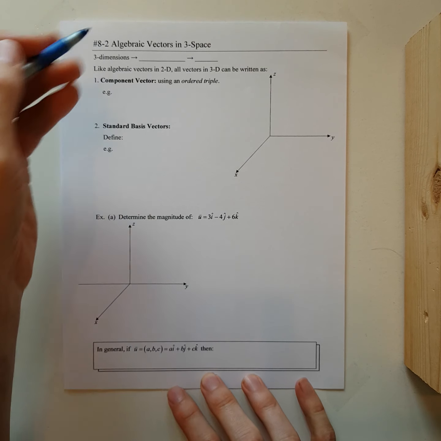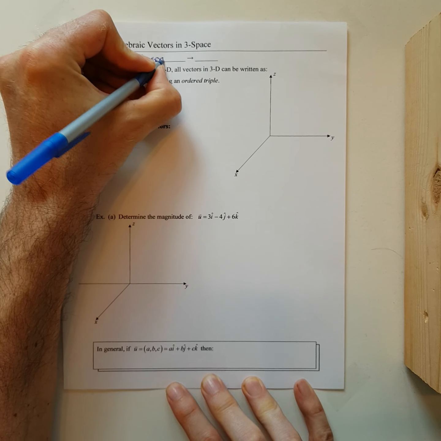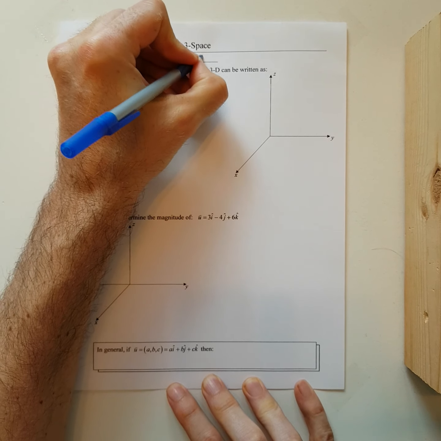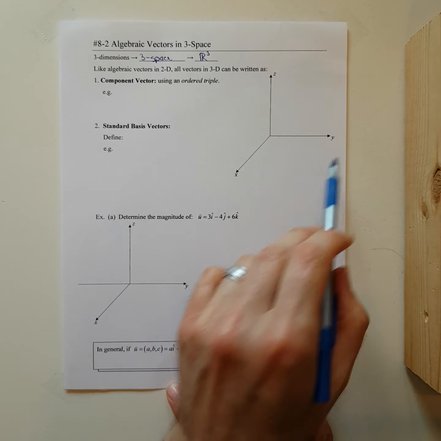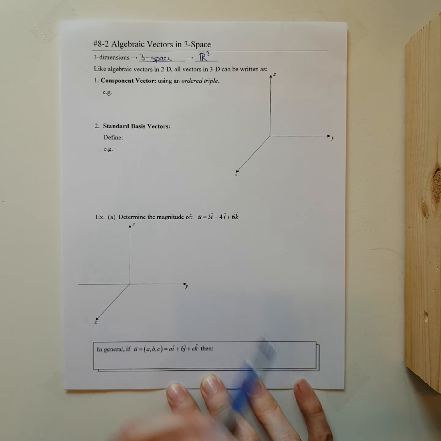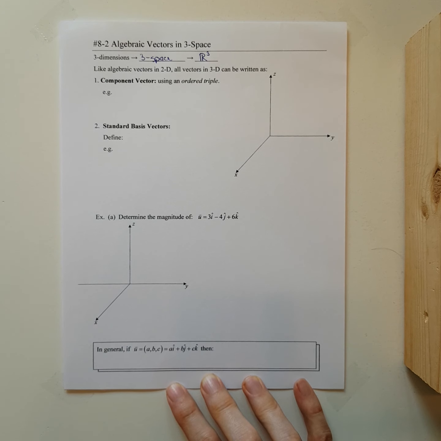So in 3 dimensions, we also call this 3 space, or we call this R cubed, our real numbers cubed, representing our 3 different directions. And like 2-dimensional vectors, we're going to represent these vectors in 3 dimensions using two methods, either using our components, or using our standard basis vectors.